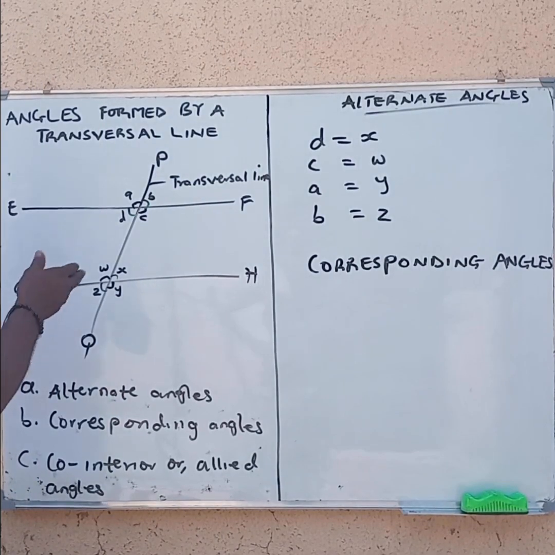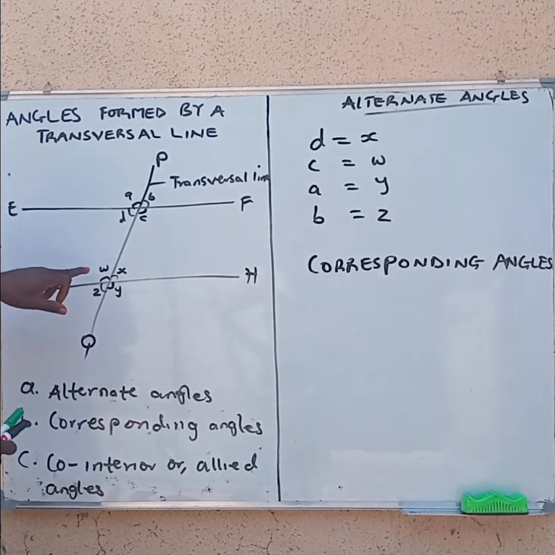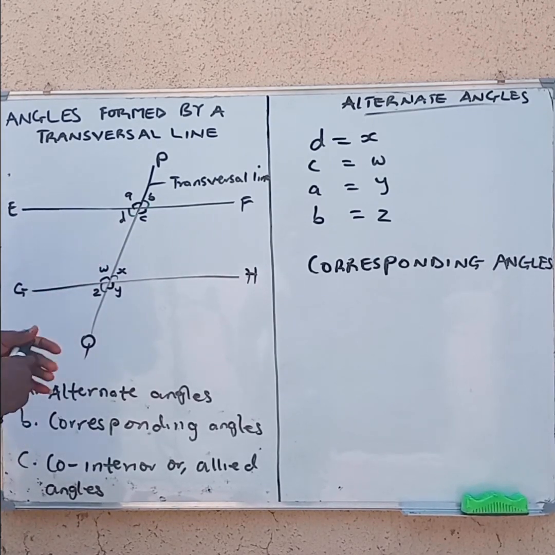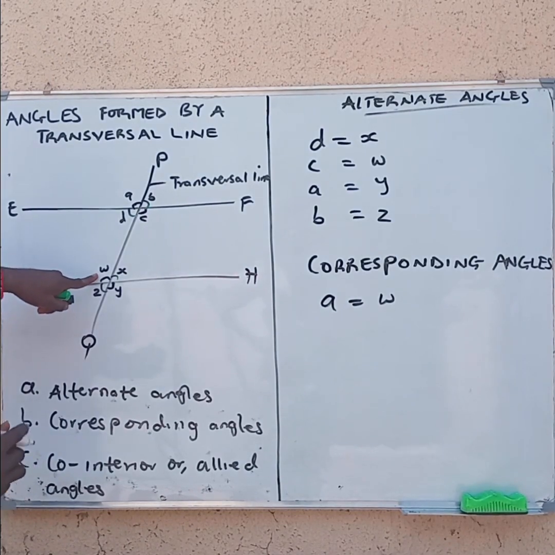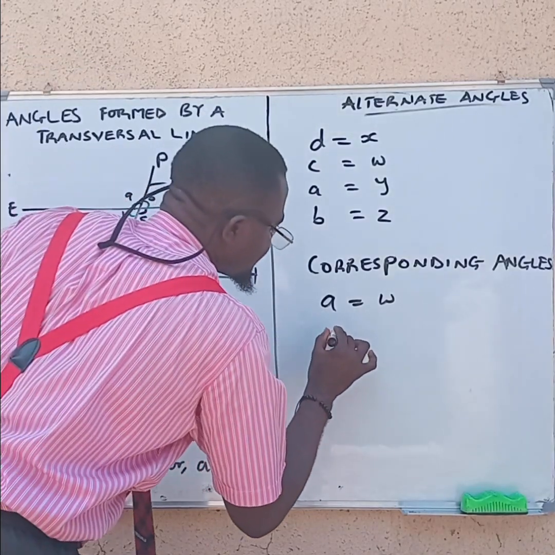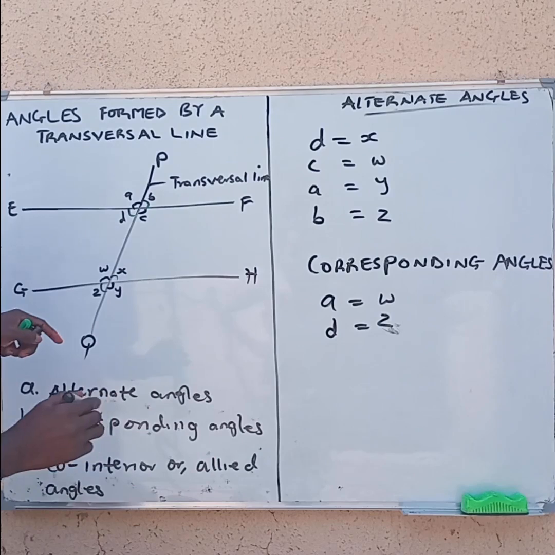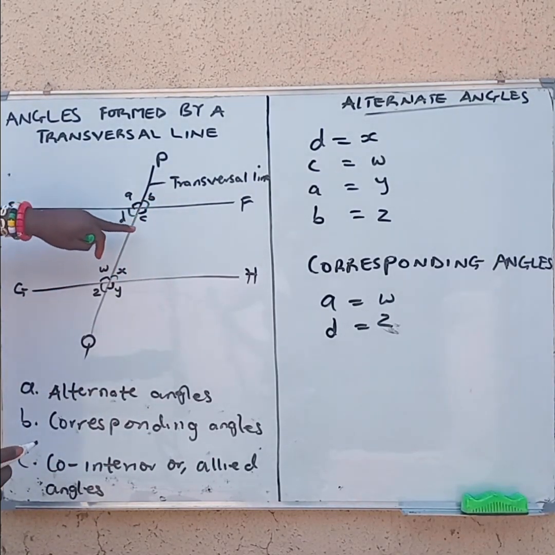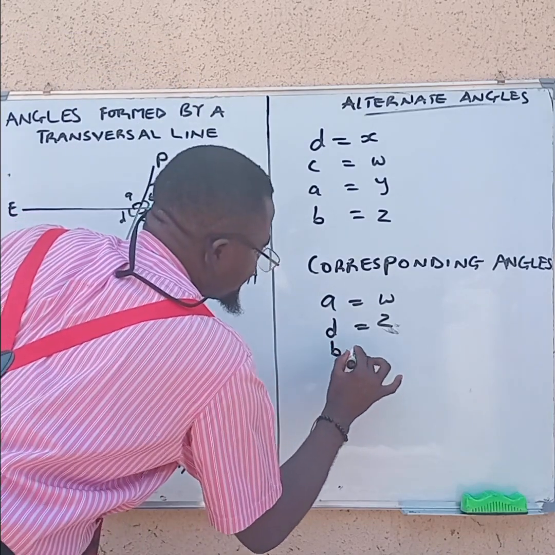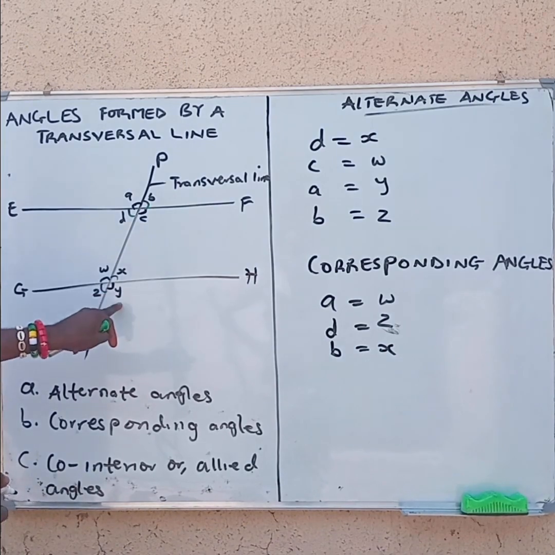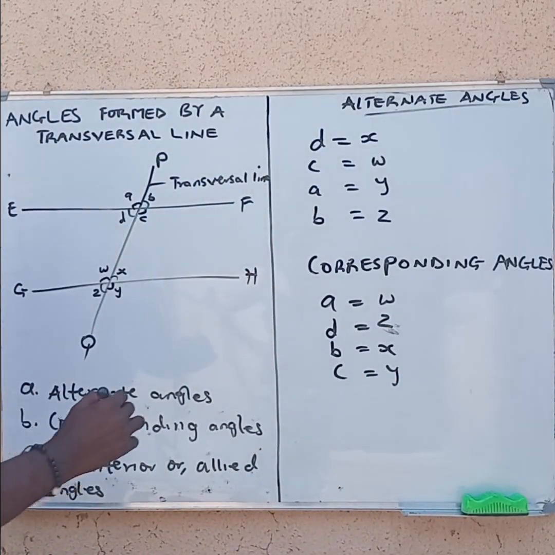The corresponding angles on the same line like this: A equals W, D equals Z. Now, on this line also, we have B equals X, and C equals Y.